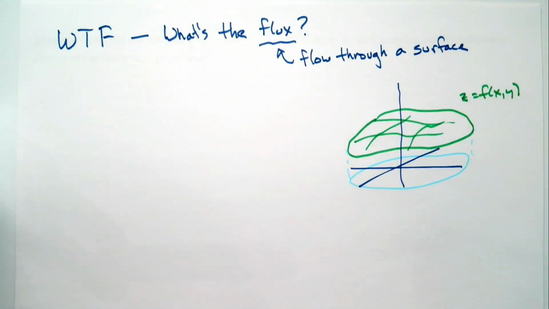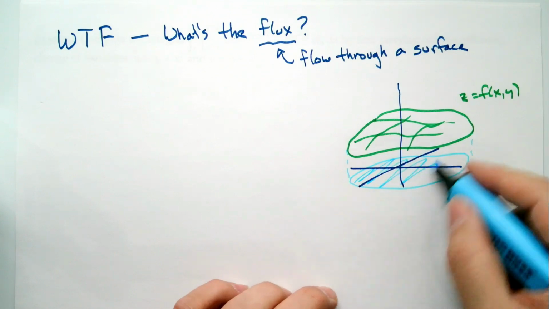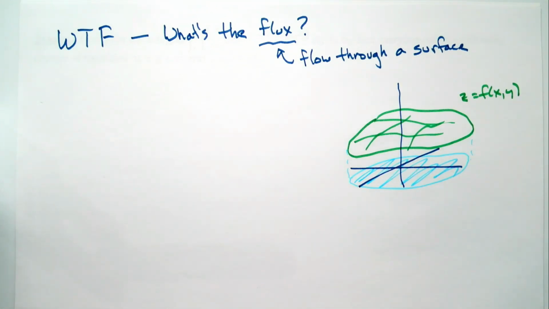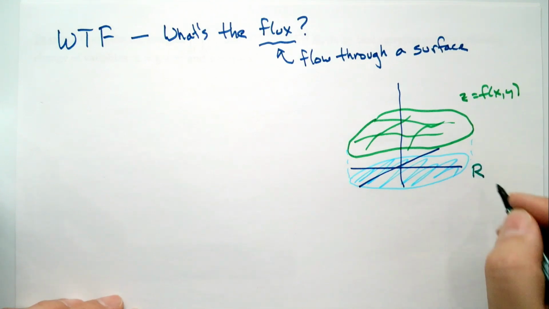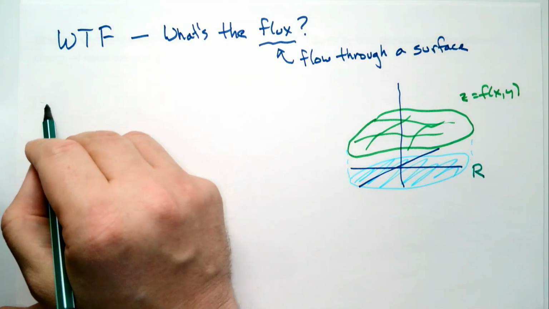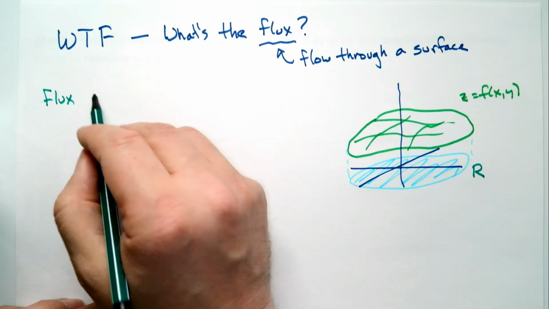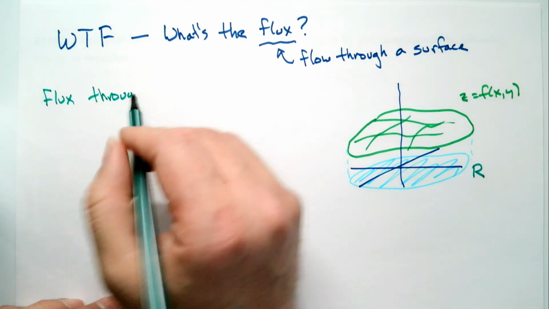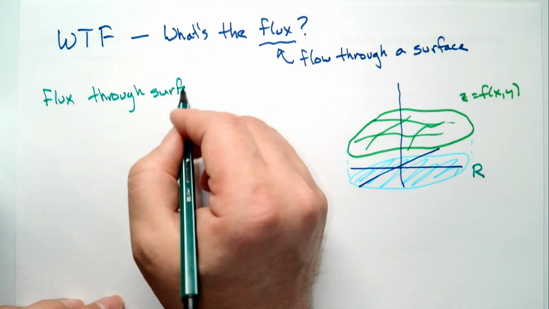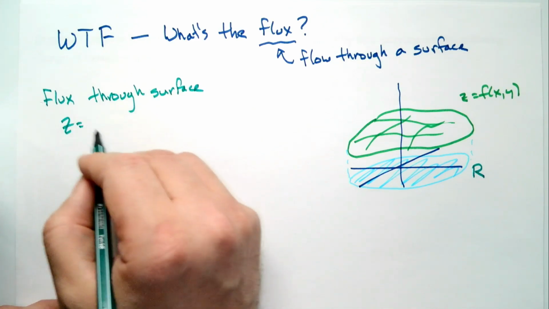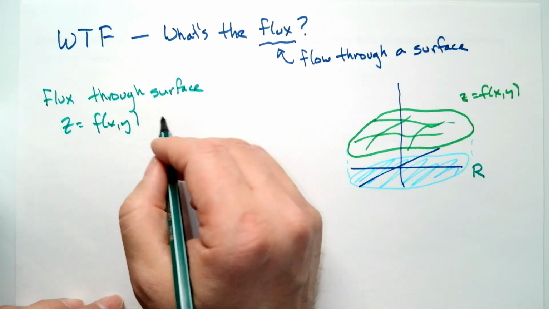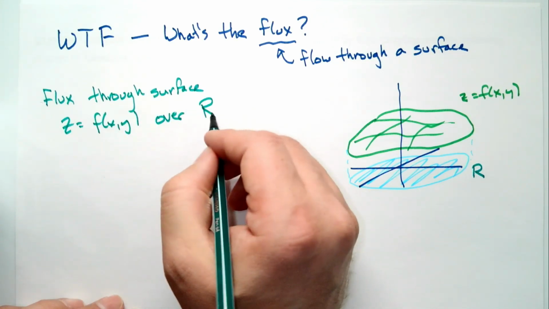So this shadow that we're talking about, this is the region R. So when we ask questions about flux, the only thing we can do right now is the flux through a surface that has the form z equals f of x, y over some region R.